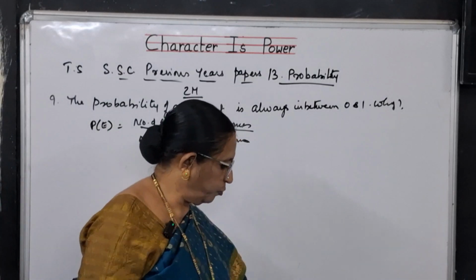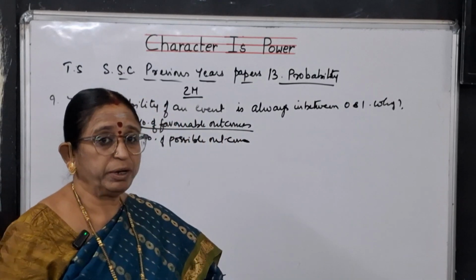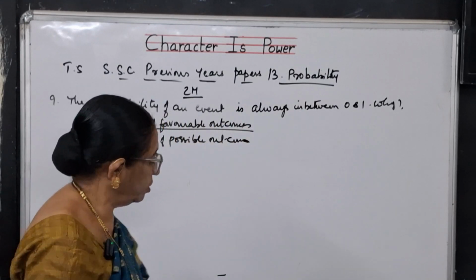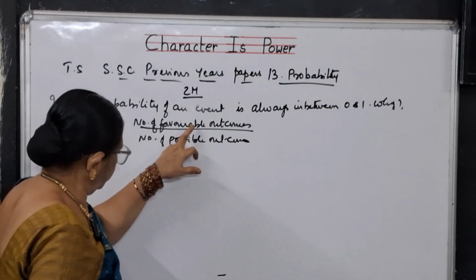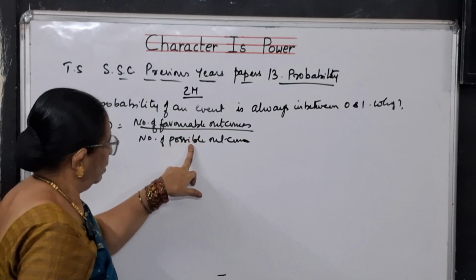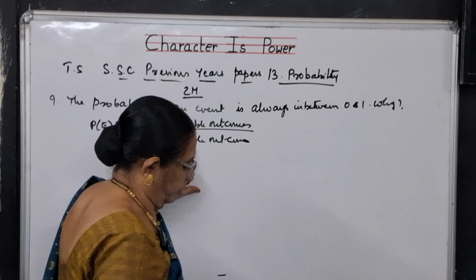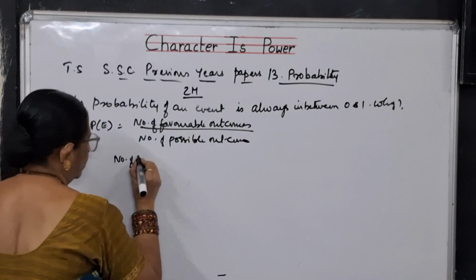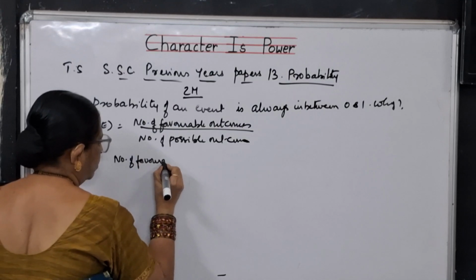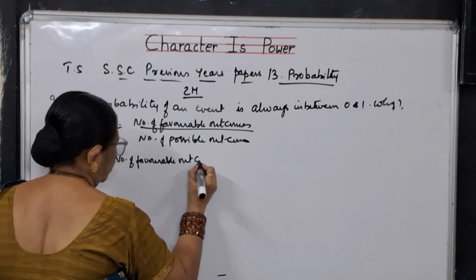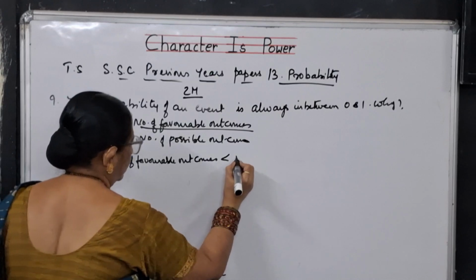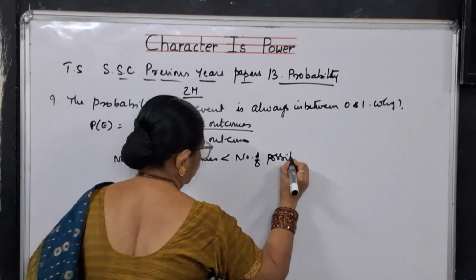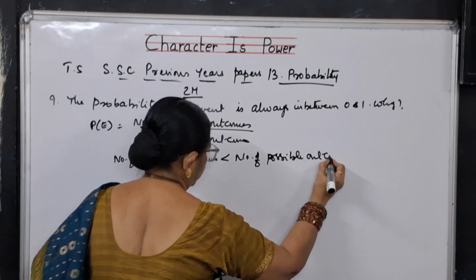So the number of favorable outcomes should always be less than the possible outcomes. So always the number of favorable outcomes is less than the number of possible outcomes.